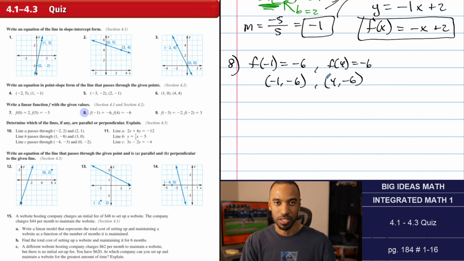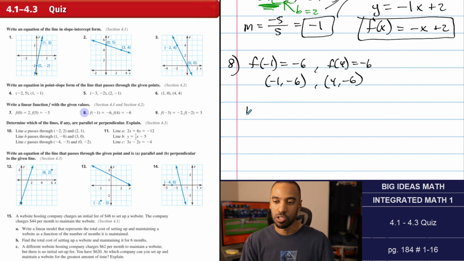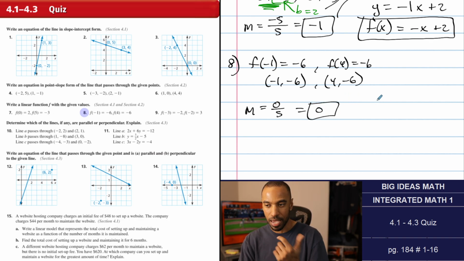From this x to this x, there's a run of, who cares, as long as it's more than 1. It's 5, I suppose, but the y doesn't change. Your slope is 0 over 5, which is 0.